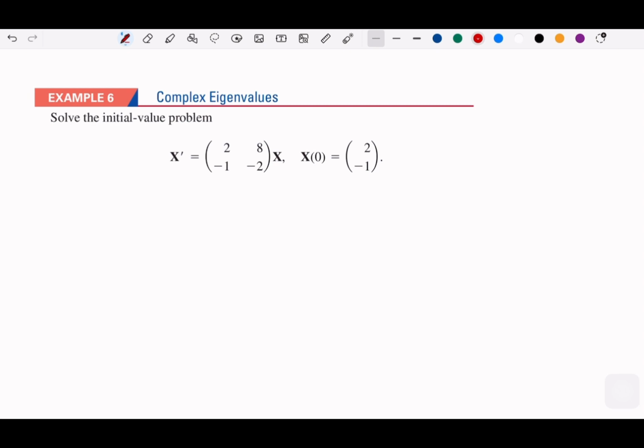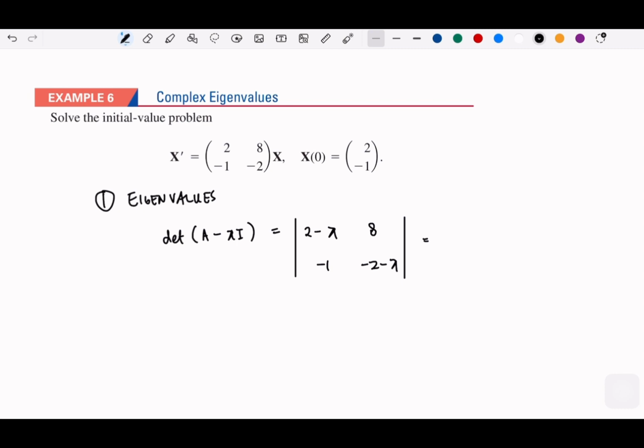But anyway, to solve this, the first procedure is finding the eigenvalues. So let me write here, eigenvalues. We take the determinant of A minus lambda times the identity matrix, which is 2 minus lambda, 8, -1, -2 minus lambda.